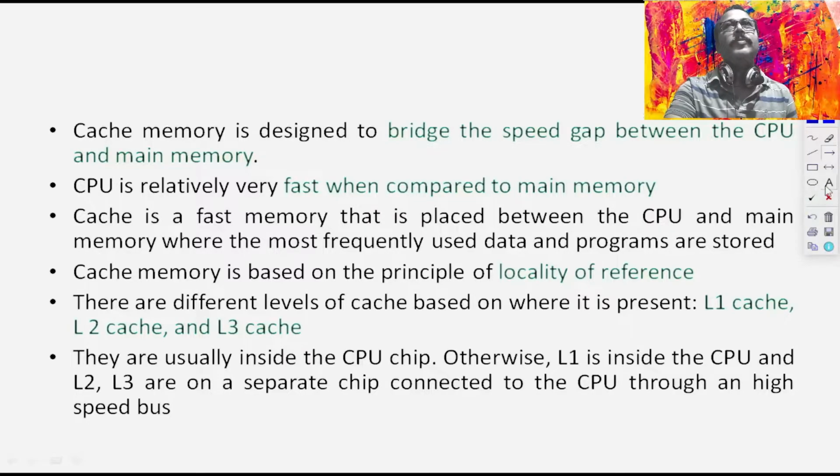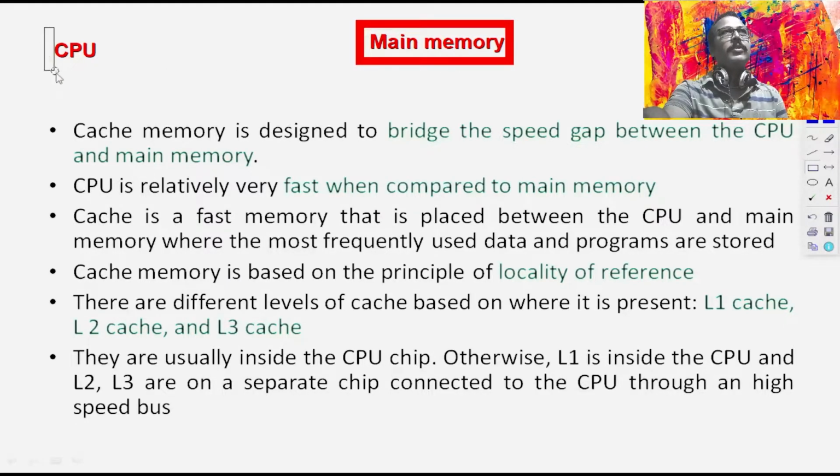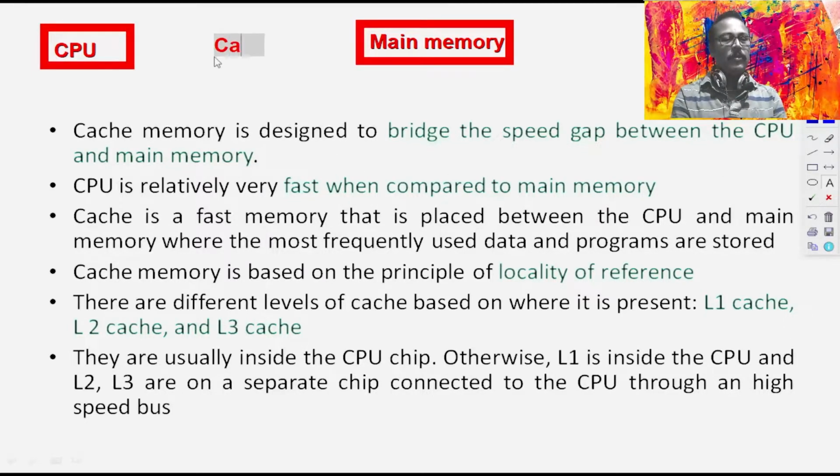So if you have CPU, then main memory, if you have CPU and main memory, then cache will be present in between these two.